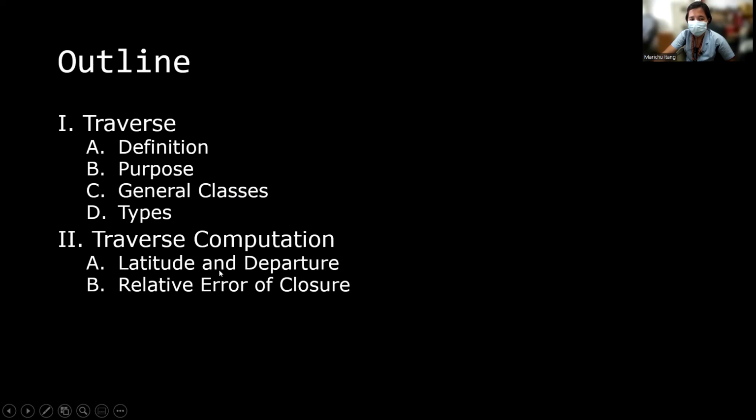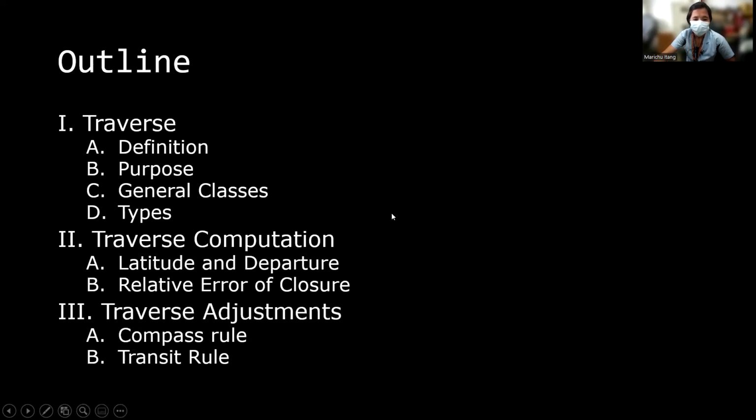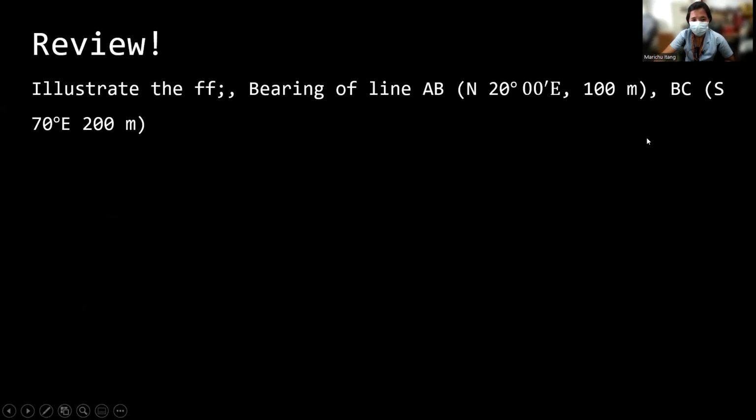So how are we going to determine the latitude and departure of a line given our bearing or azimuth and distance of a line? Then how are we going to compute the relative error of closure of our traverse? And then some adjustments. There are two major adjustments that we can apply, though this is not that accurate, but it will be employed for estimation and rapid adjustment of our traverse. So we have the compass rule and the transit rule.